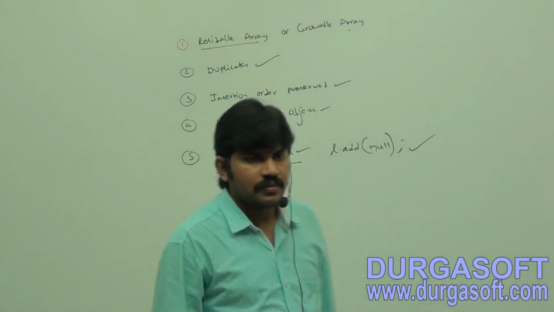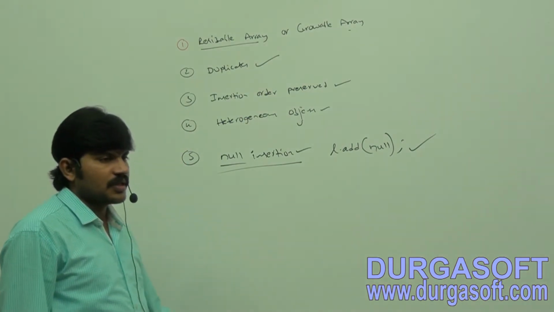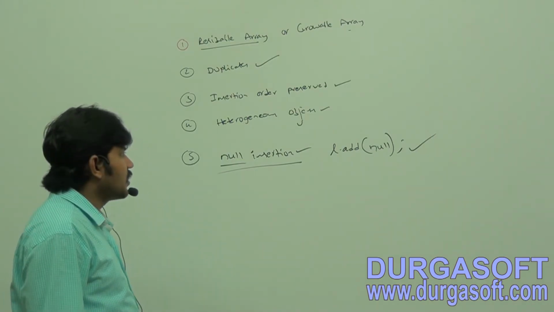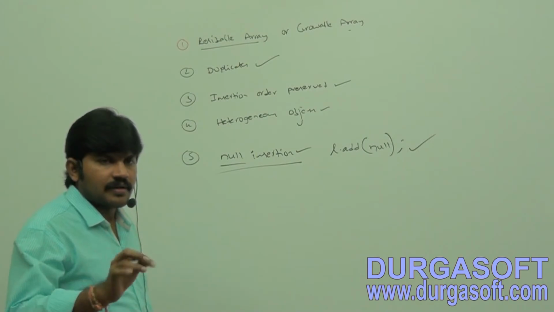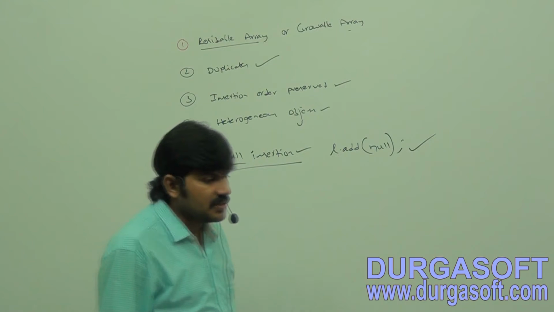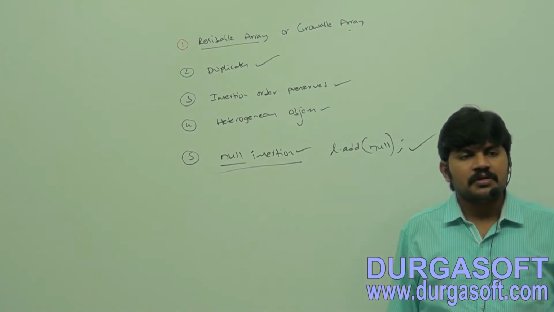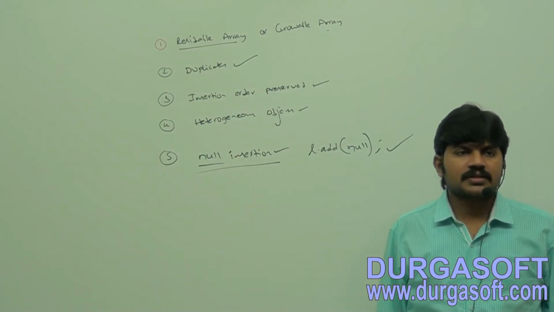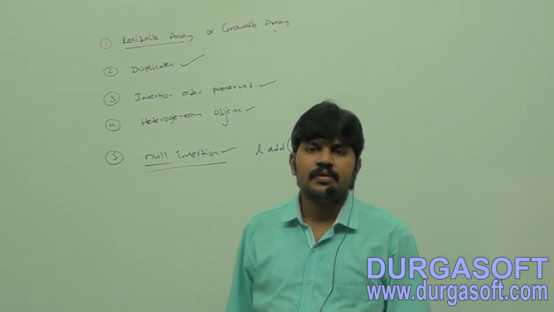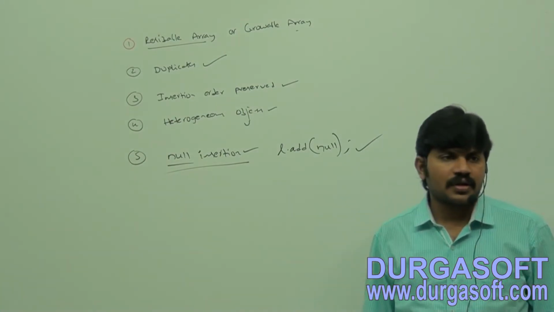Within brackets, except TreeSet and TreeMap, everywhere heterogeneous objects are allowed.